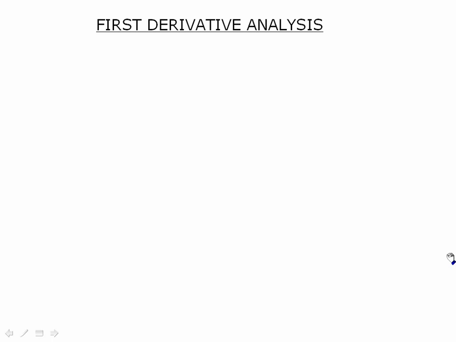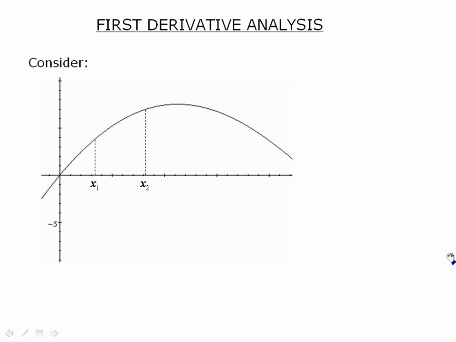So first derivative analysis. If you were to consider what appears to be just a regular function there with x1 and x2, 2 points on the curve, and I'm going to indicate on the y-axis that this would be f at x1, so the y value corresponding to that x value, and then this is f at x2.